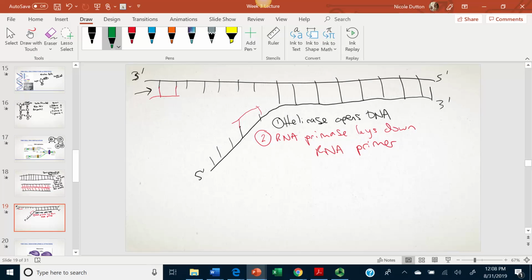Then the next step is we have DNA replication happening. So DNA polymerase III, or in the case of people, there's a bunch of different types of DNA polymerases, but DNA polymerase is going to start replicating the DNA.